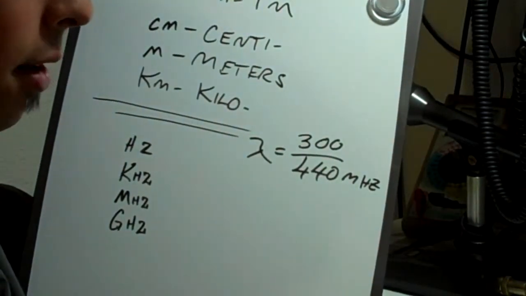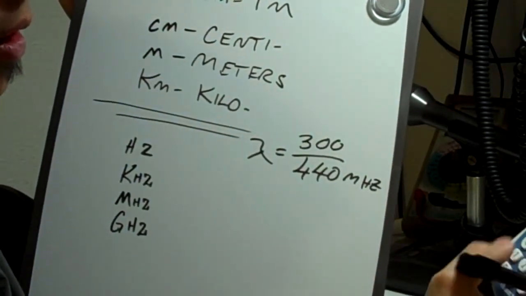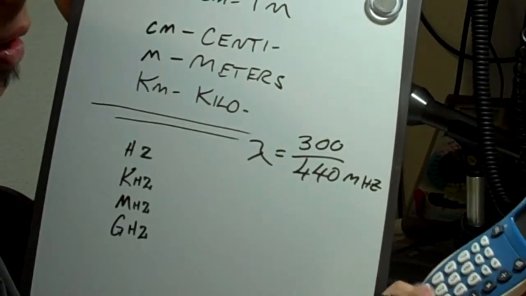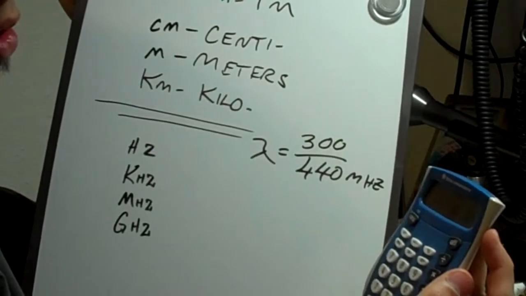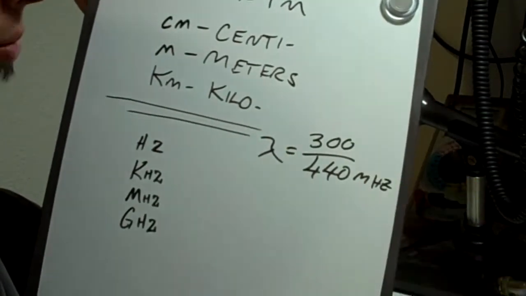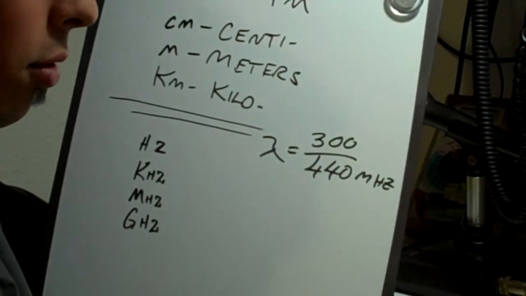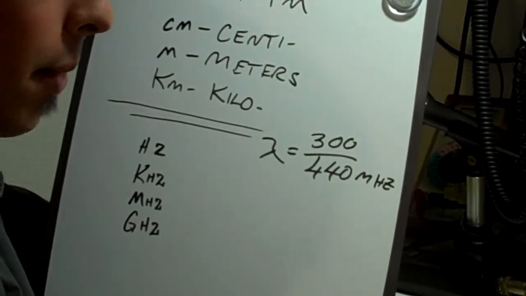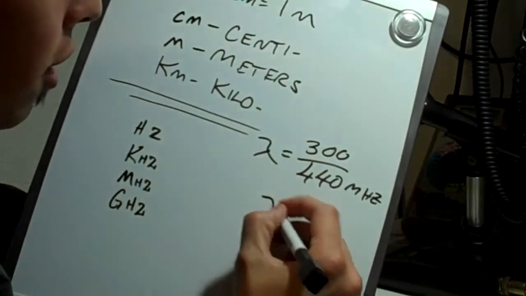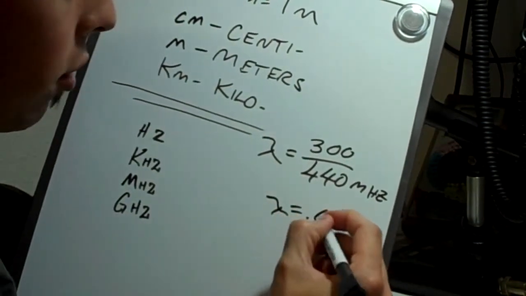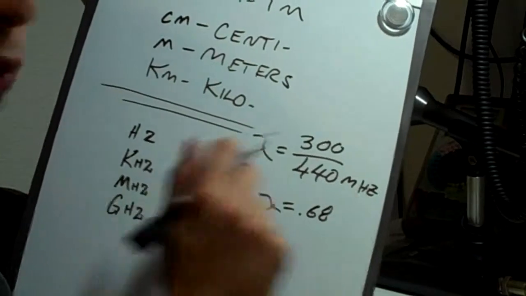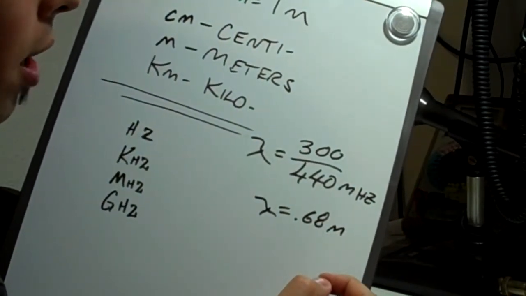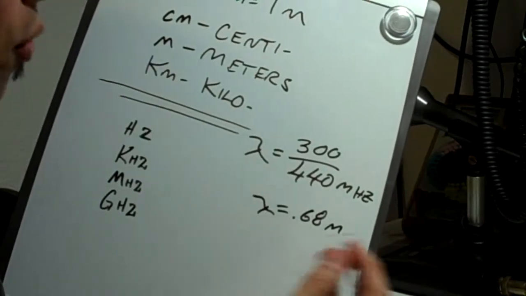So 300 divided by 440, and we know it's going to be a decimal because the bottom number is bigger than the top, 0.68. Just make sure I hit all the right buttons here. Yep, 0.68. So that's saying the wavelength equals 0.68, and remember, wavelength is always what? Meters. So 0.68 meters.